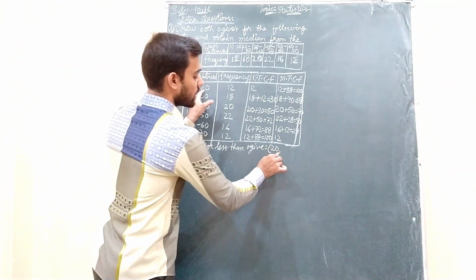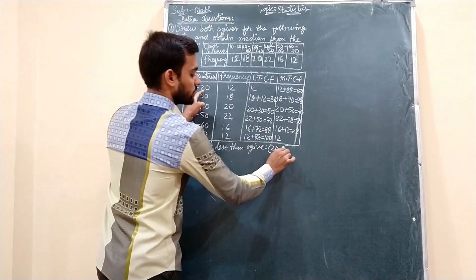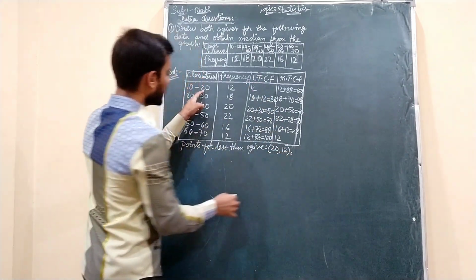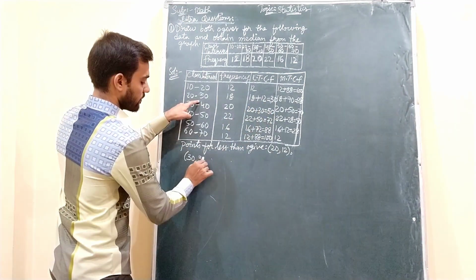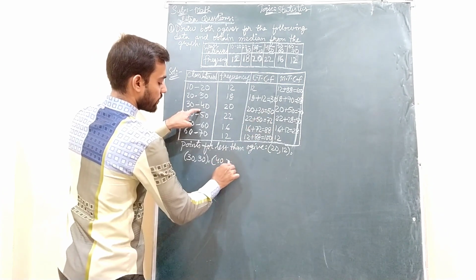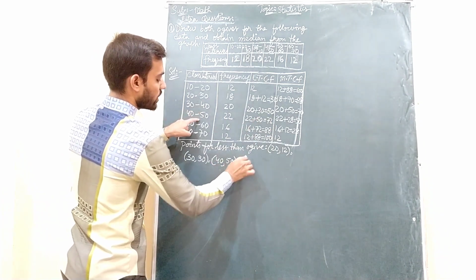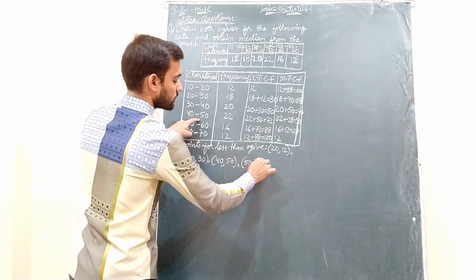20, comma, that cumulative frequency, less than type only, 12. Next point, 30, comma, 30. Then next point, 40, comma, 50. Then next point, 50, comma, 72.